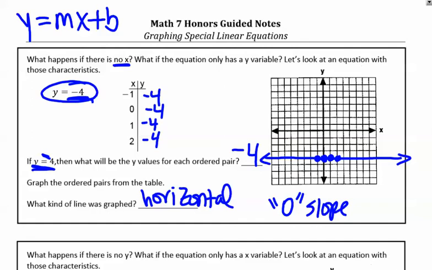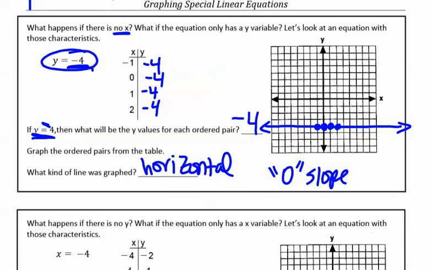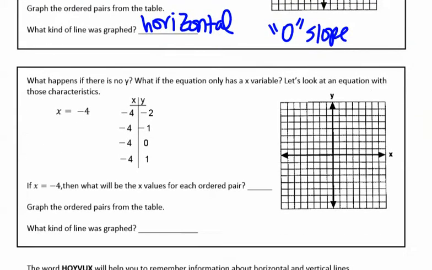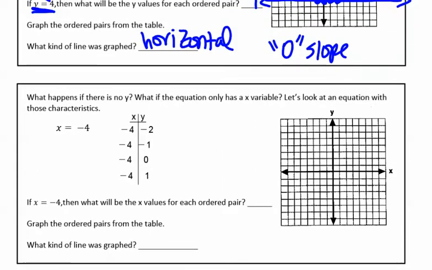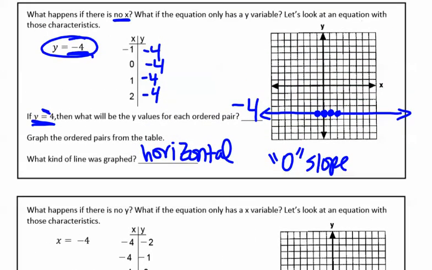So that's when we have y equals a number and there's no x. Now, what if there's no y? Oh, wait, I want to look at one other thing. So guys, slope of 0. Remember, if we use our rise over run for slope, we would pick 2 points, right? Am I rising to get from this first point to the next point?